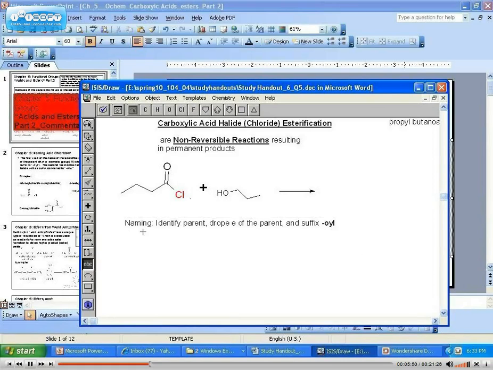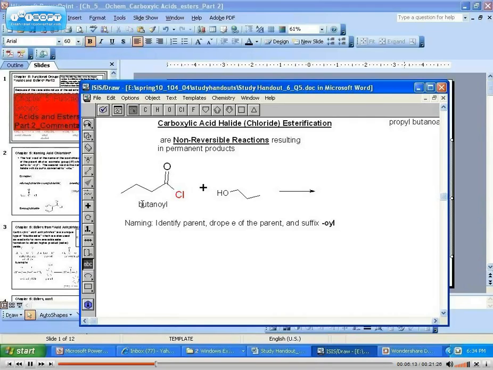So in this example right here, the name of this one would be, let's see, the parent, carbon 1, 2, 3, 4. So that's a butane. However, I'm going to drop the E and I'm going to add in oyl. So this is butanoyl.